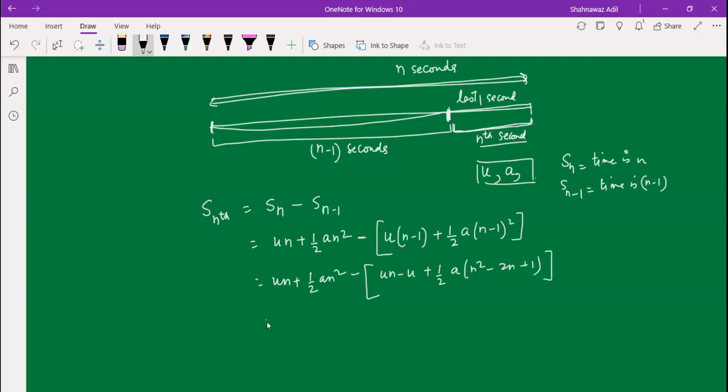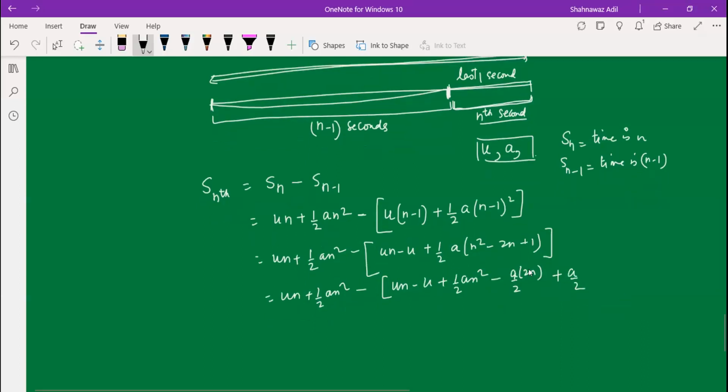And this would be un plus half an square minus un minus u plus half an square, and minus of half a 2n and plus of a by 2. So these are the things that I'm getting.